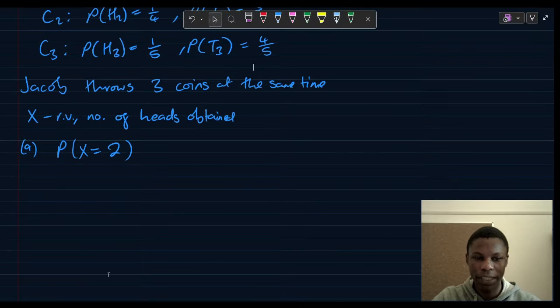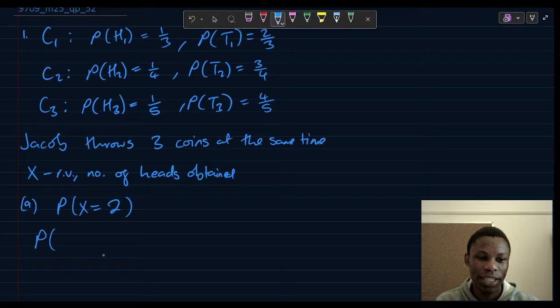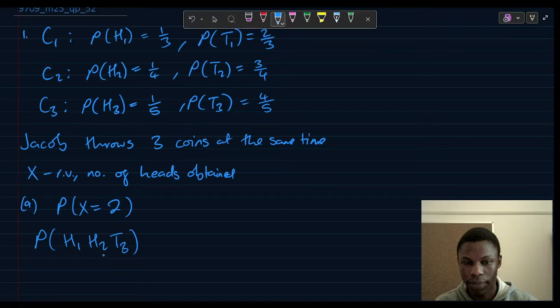So we need to figure out all the possible combinations in which Jacob can get 2 heads. Okay. So we could either get head 1, head 2, and then tails 3. Because remember, Jacob is throwing the 3 coins, so only 2 of them have to show a heads, and then the third one by default has to show a tails.